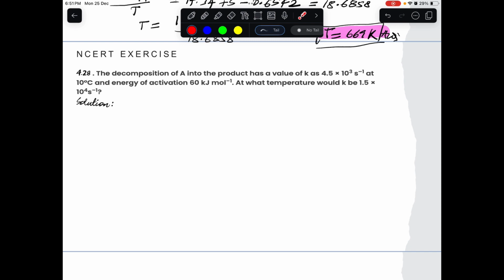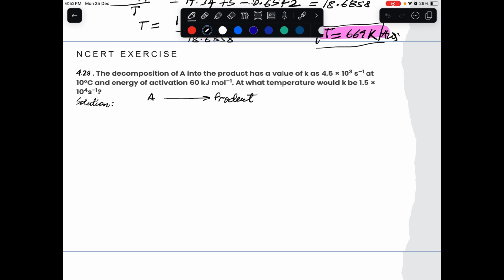For both the reactions, we will take the idea that energy of activation will not change. It will remain the same for this given reaction. So the given information is A is some reactant and it is decomposing into some product.